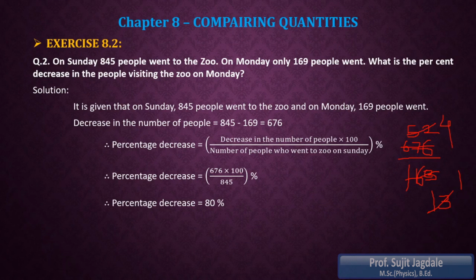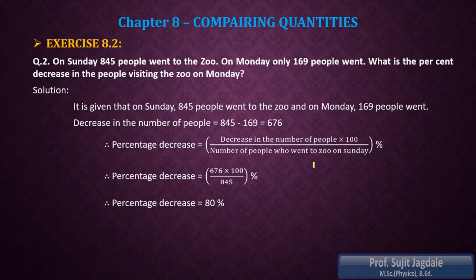So we get 4 into 20, which is 80%. So 80% is the percent decrease in people visiting that particular zoo on Monday. So here is the answer. In this way we can calculate the percent decrease also.